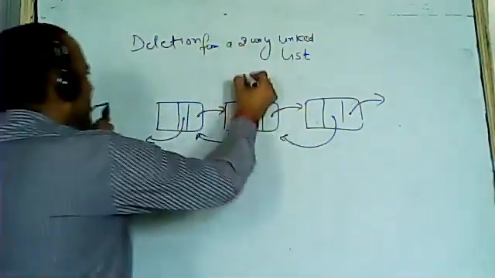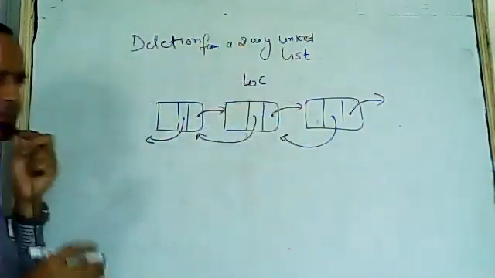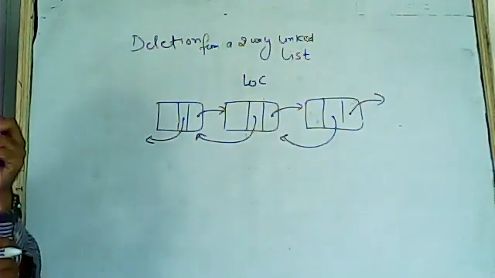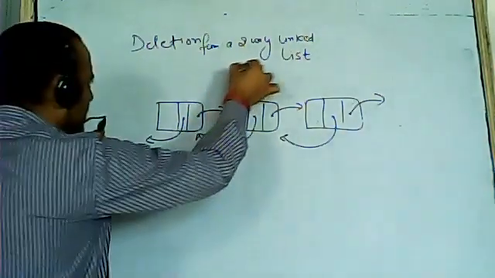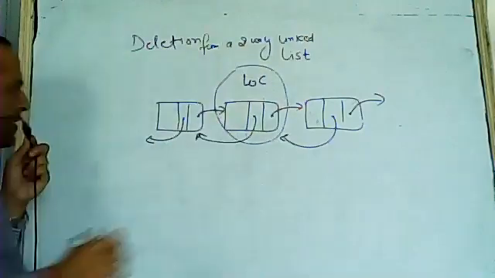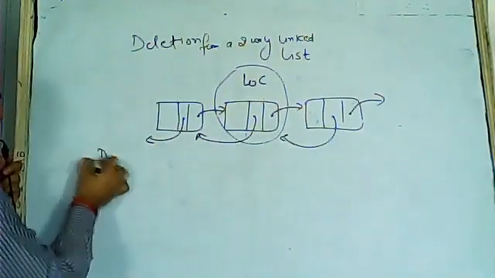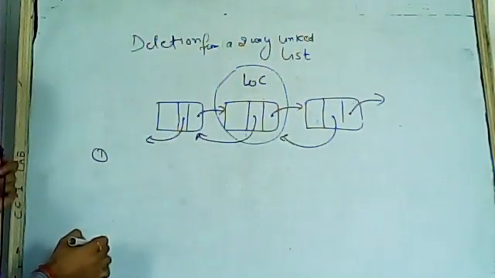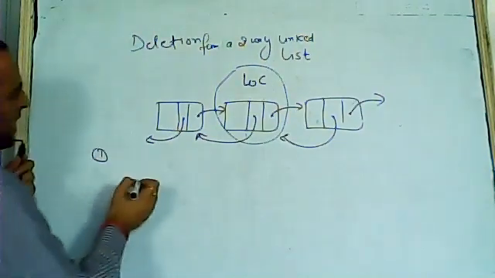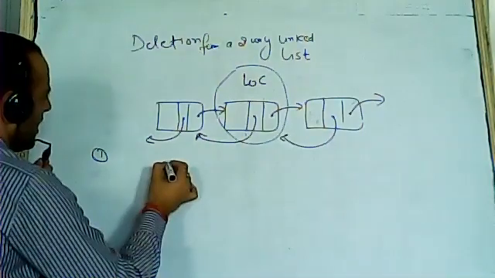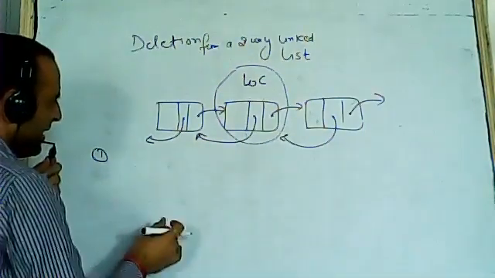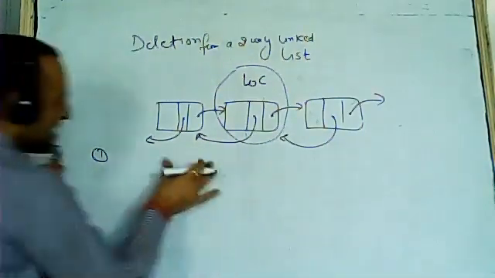Now, this is the location I am going to delete. If I delete this location, this is the previous location and this is the forward location.